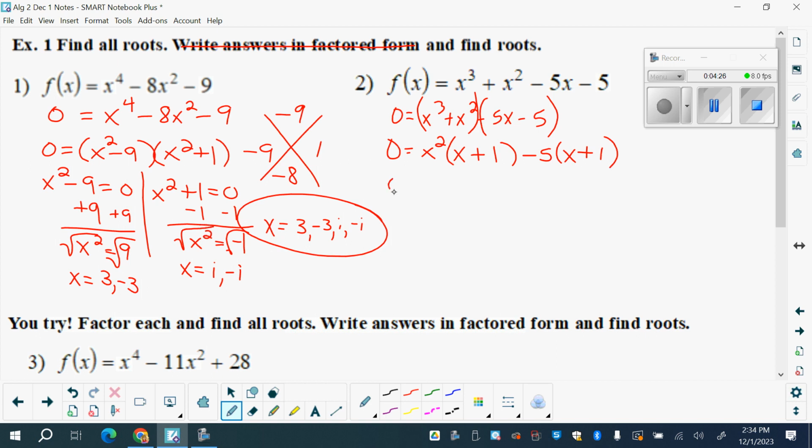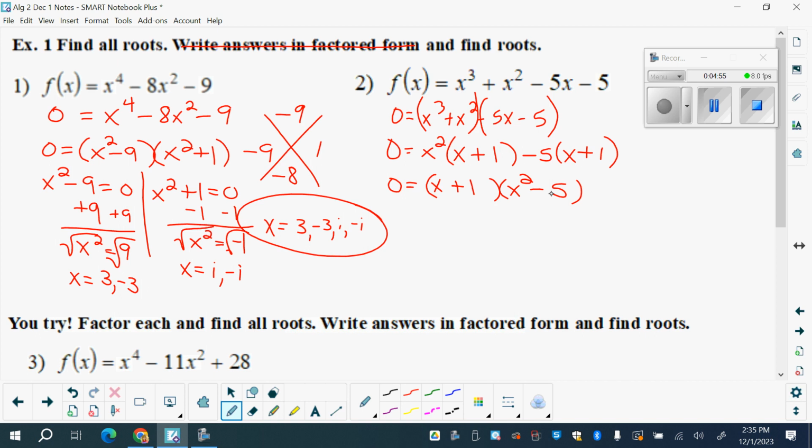So now my next step is writing it as 2 sets of parentheses. And what would that be? Allie. Did you say x squared minus 5? Okay.